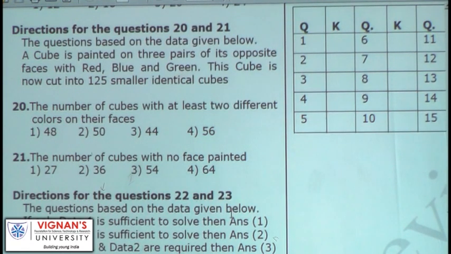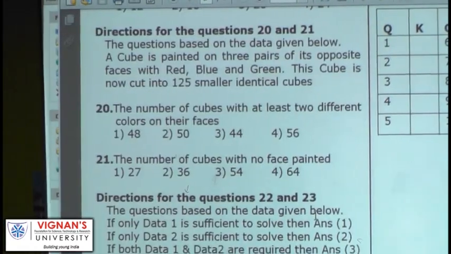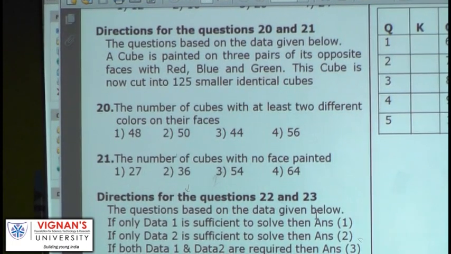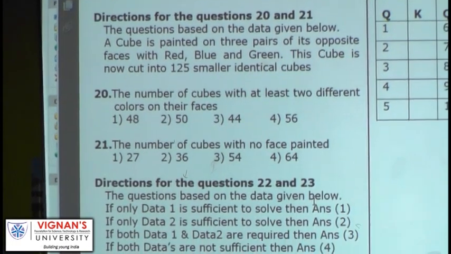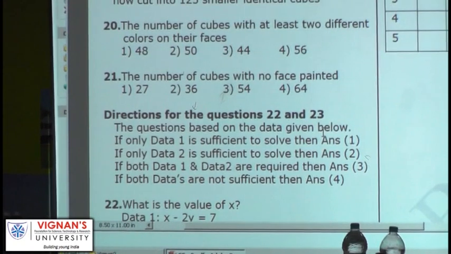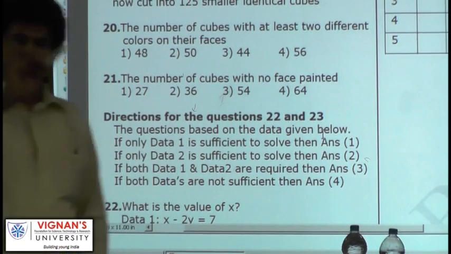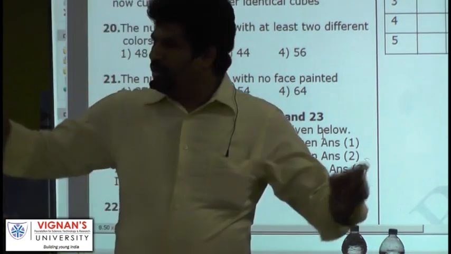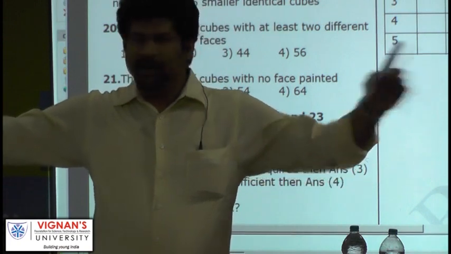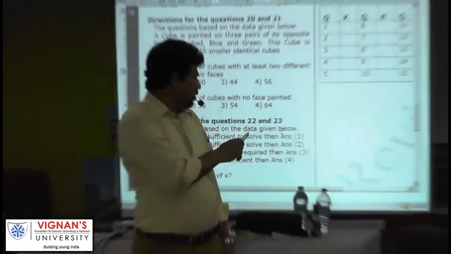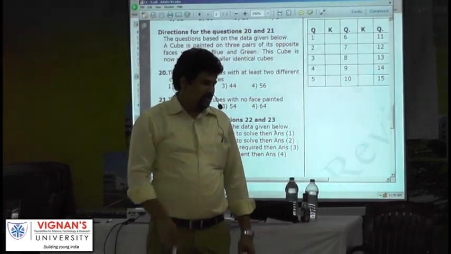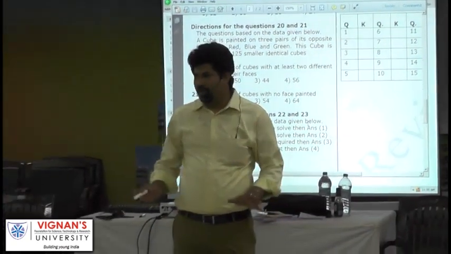Now 20 and 21. A cube is painted on 3 pairs of its opposite faces with red, blue and green. This is now cut into 125 smaller identical cubes. Suppose this is the cube: red and red, blue and blue, green and green. This is how it is painted, opposite faces having the same color.